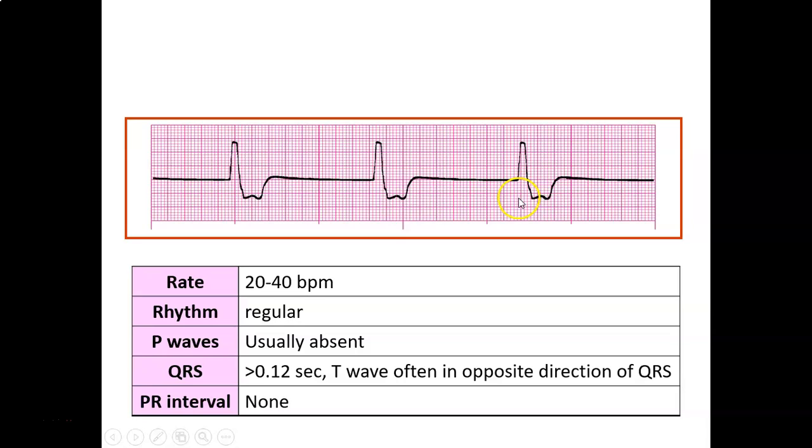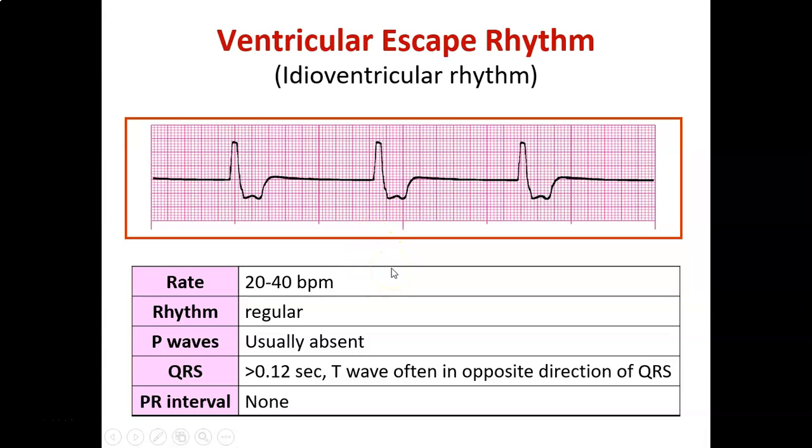Wide QRS complexes mean coming from the ventricle. So this rhythm strip is slow and regular, with no P waves and wide QRS complexes. So this is your ventricular escape rhythm. It's also called idioventricular rhythm.